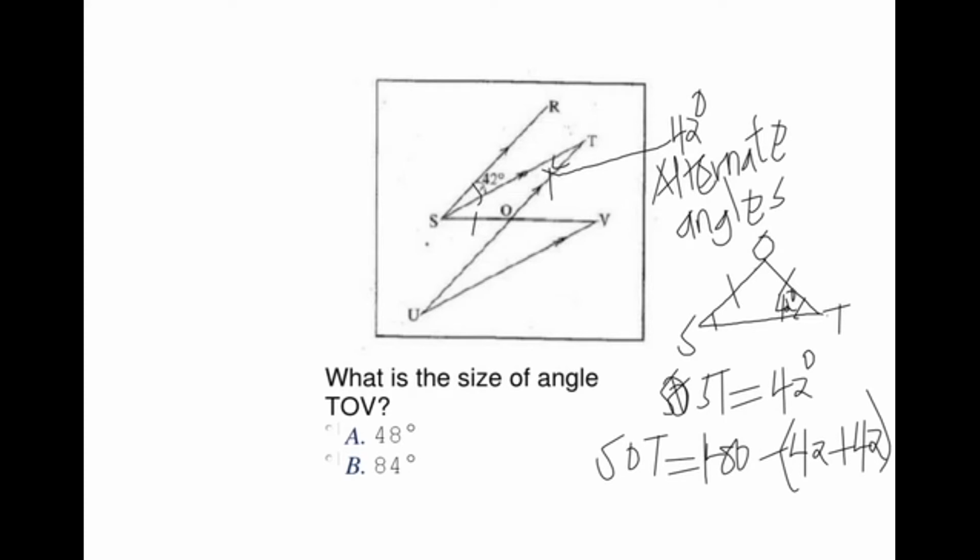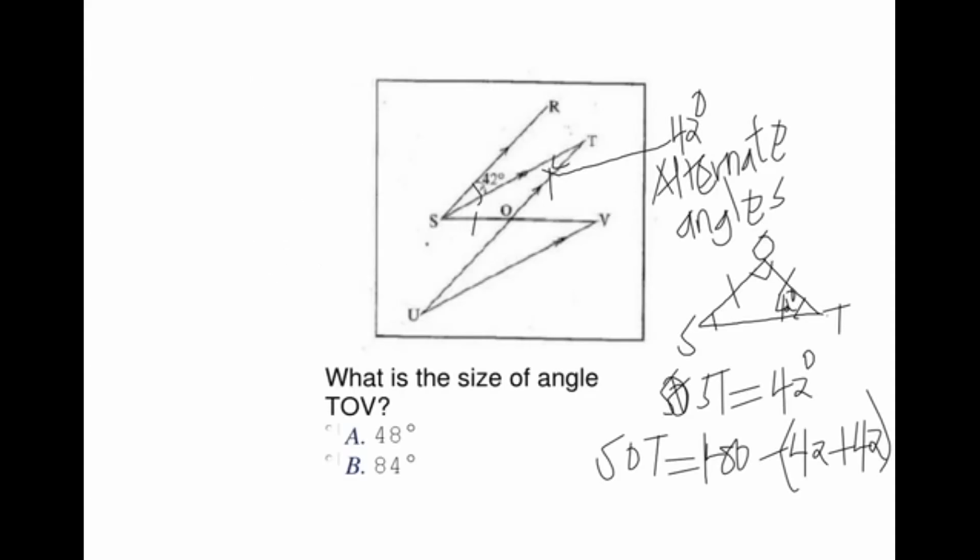So we have 180 minus 84. We borrow from here, so we have 10 minus 4 is 6. Then 17 minus 8 is 9. So this angle is 96 degrees.